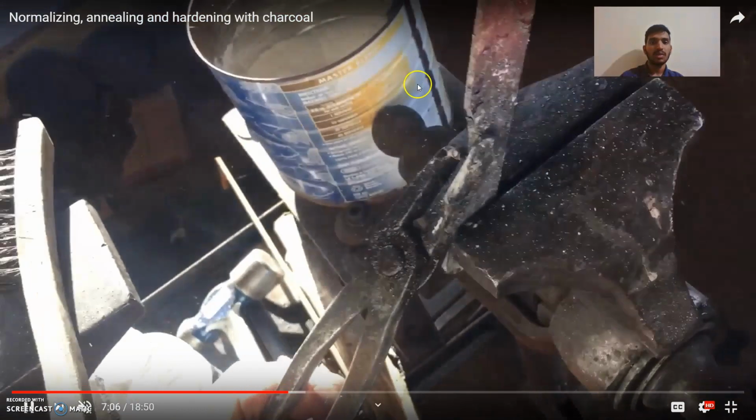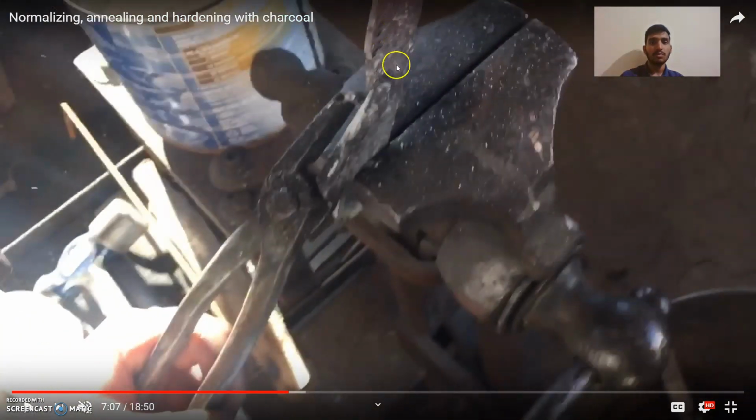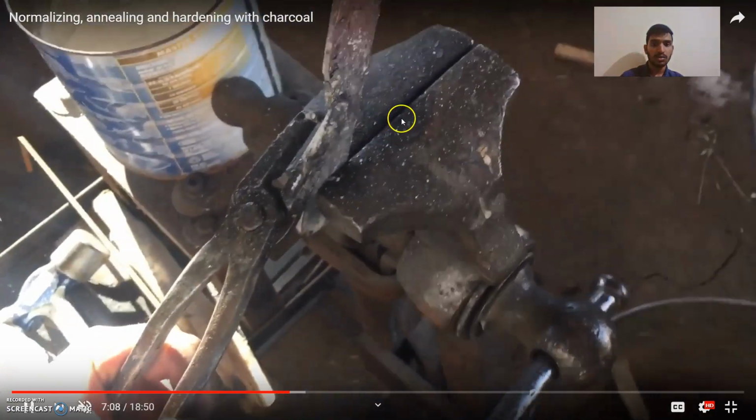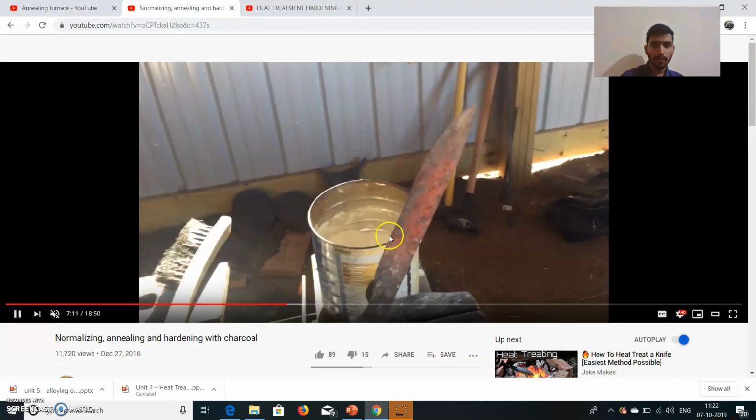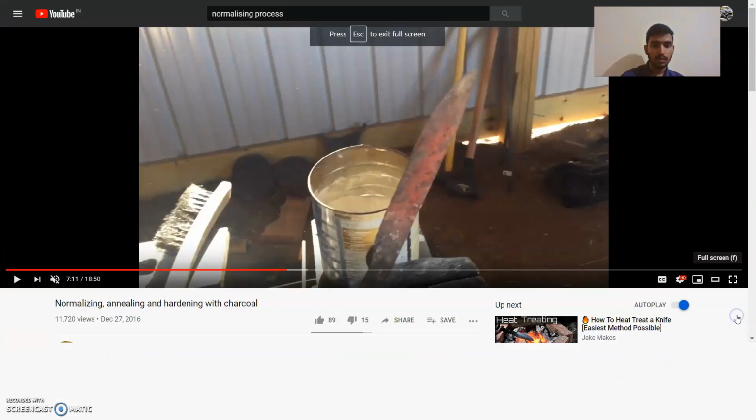Here, this is metal. He placed the metal inside this, and you can see here. You need to note this.